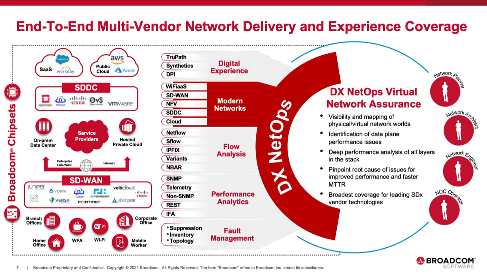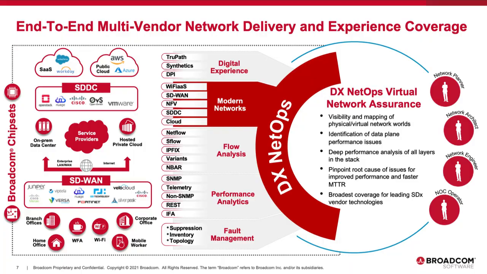So taking everything I just talked about in traditional networks and then applying it with virtual network assurance to software-defined stacks like Cisco ACI, like VeloCloud SD-WAN, Fortinet SD-WAN, network functions virtualization, cloud-based Wi-Fi like Aruba, etc. So doing everything we've done in traditional networks and applying it to software-defined networks, whether it's fault, root cause analysis, alarm noise reduction, or SD-WAN, pinpointing and using collected metrics inside of software-defined technologies, and understanding from a network operations point of view, how are those software-defined technologies delivering the user experience across these new architectures.